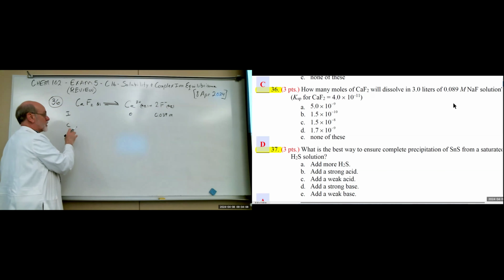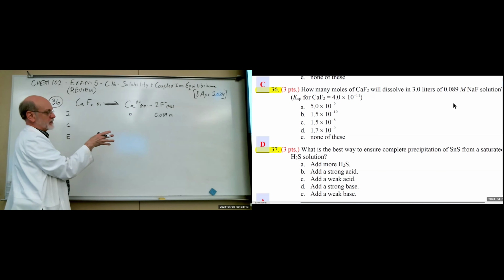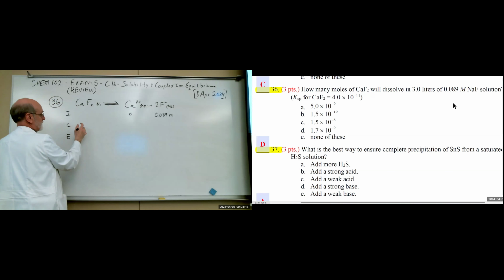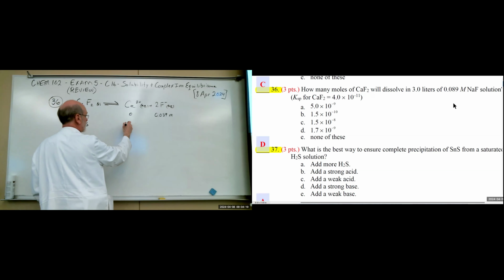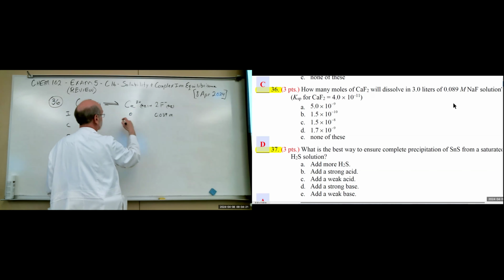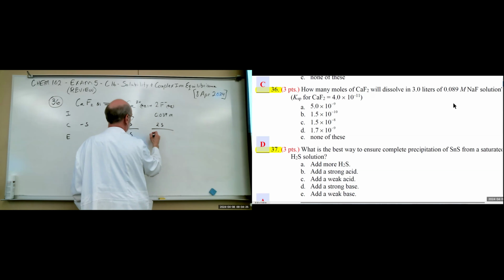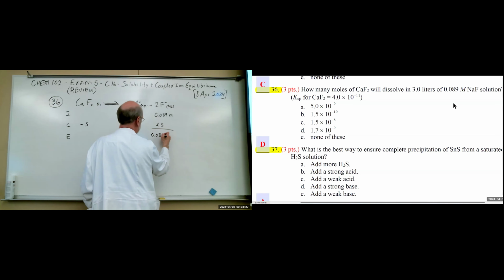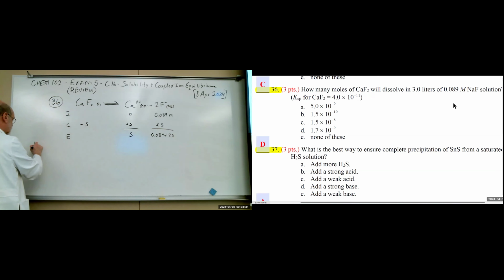We need to find the molar solubility of this first, and then we can use the volume to find the number of moles. So if we say we're going to lose one of these, that means we're going to get one of those, and we're going to get 2 of these. 0.089 plus 2s.